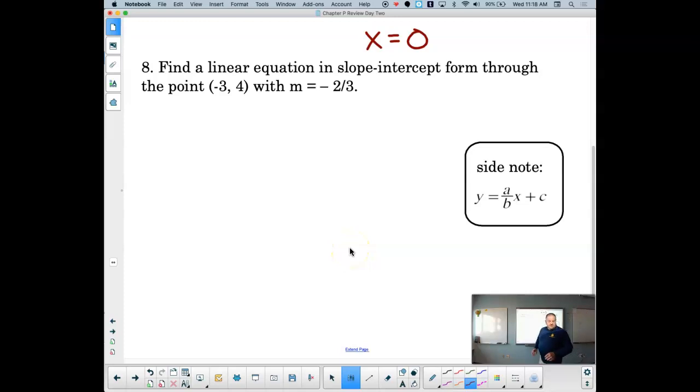So on the second one then, if I want to find a linear equation in that one, I'm actually going to find it in all of the forms. So we want it in slope-intercept form, but we have a point and we have a slope, so we're going to use the point-slope form.